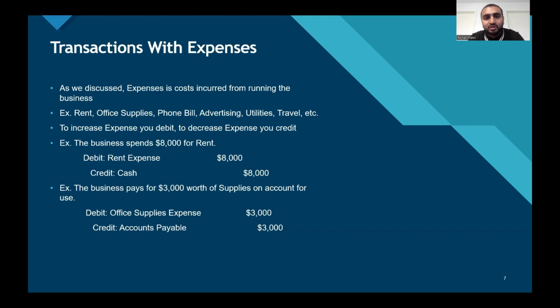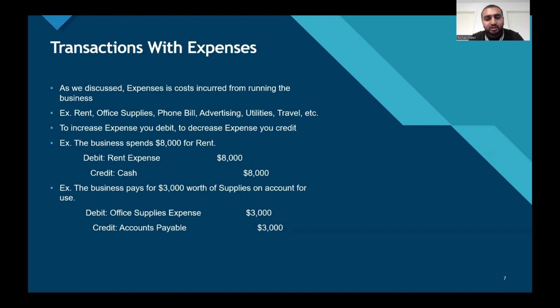We have essentially acquired an expense. And since rent expense is obviously an expense account, we have to record this as an expense that's coming into the business. So we debit rent expense for $8,000, and that increases the expense account.